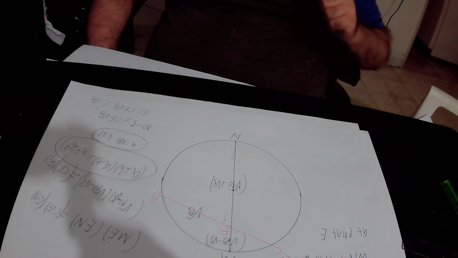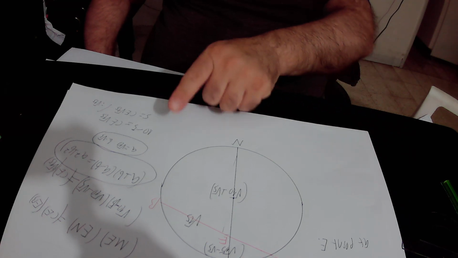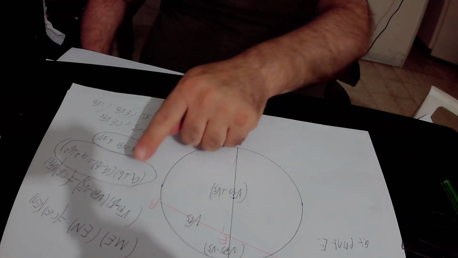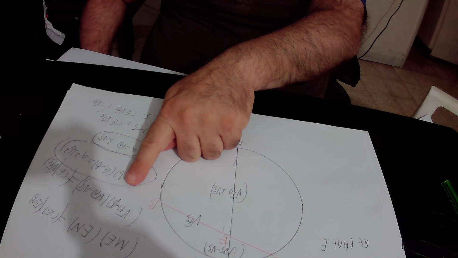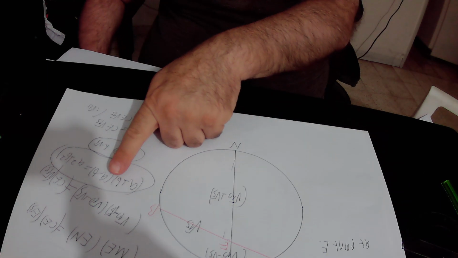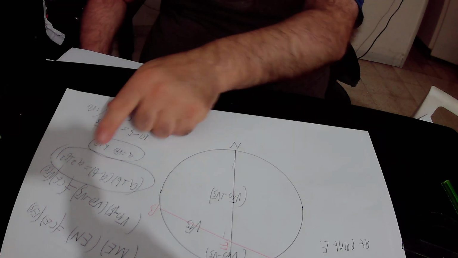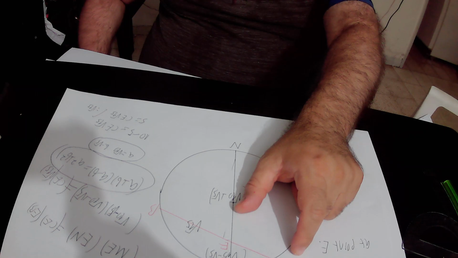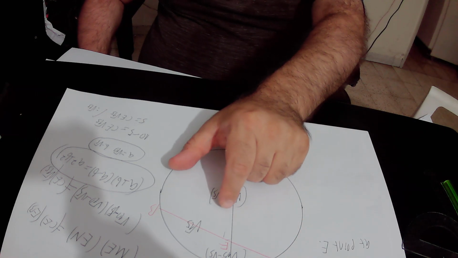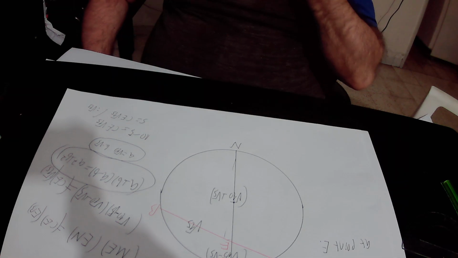Okay, so we substituted ME by the square root of 10 minus the square root of 5. We substituted EN by the square root of 10 plus the square root of 5. And it is equal to CE, that is the missing line segment, times EB, that is equal to the square root of 15 units.